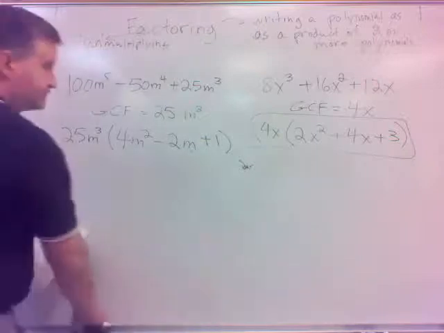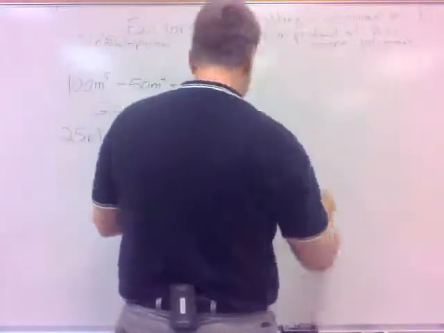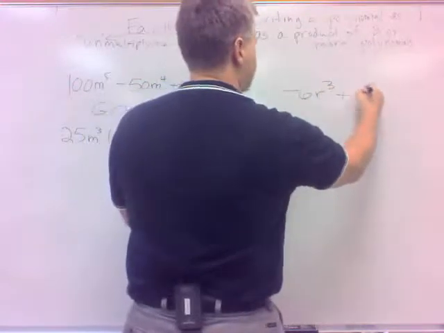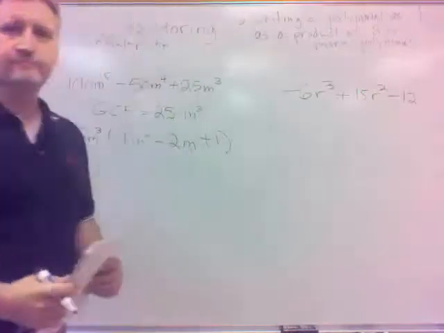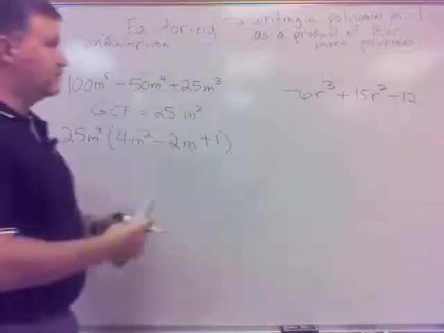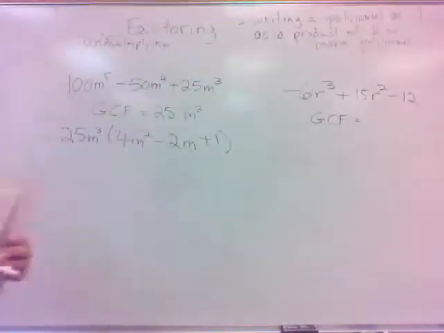Now, let me talk about one that has a minus right here in front: minus r cubed plus 15r squared minus 12. All right, first point, as far as the numbers go, do I have anything? 3.